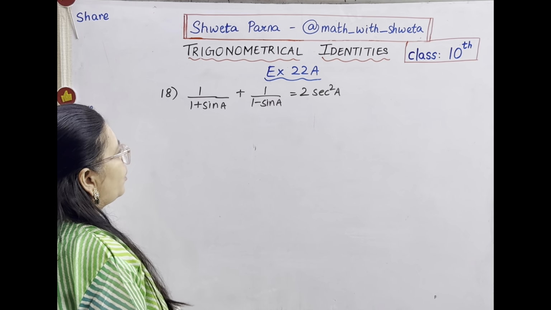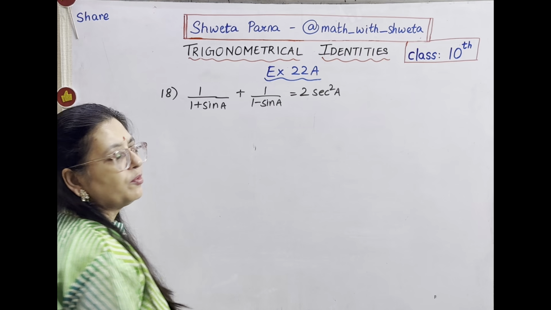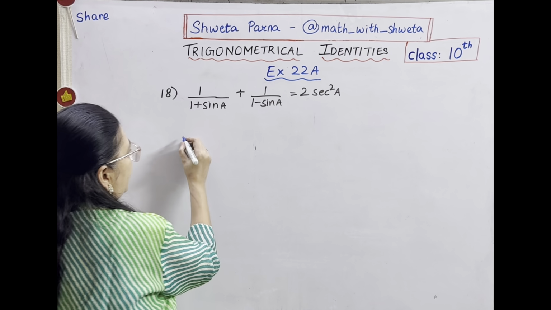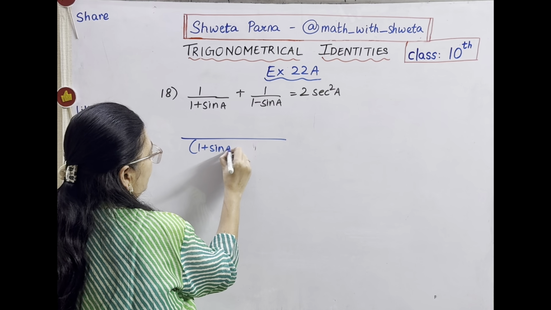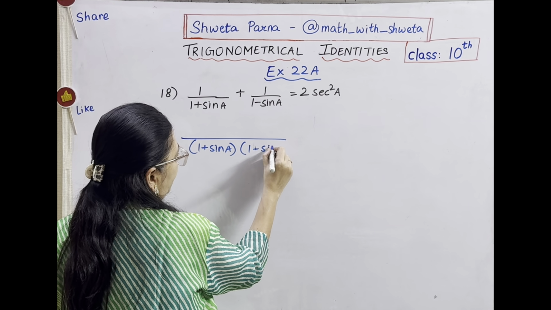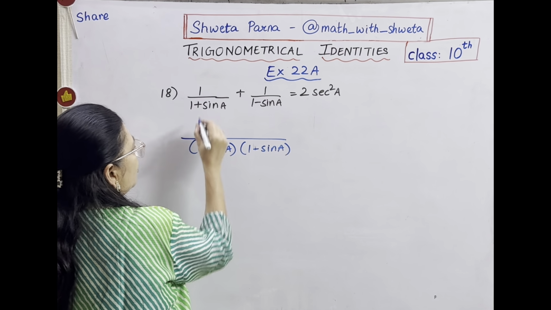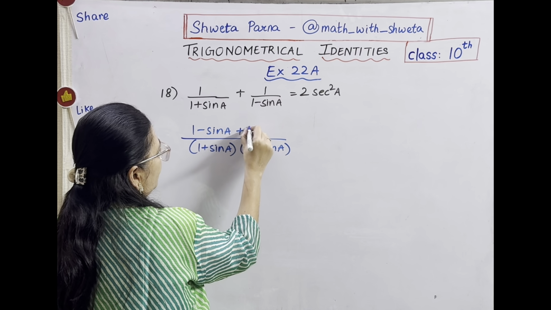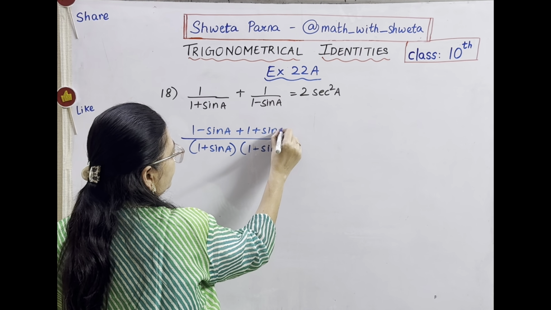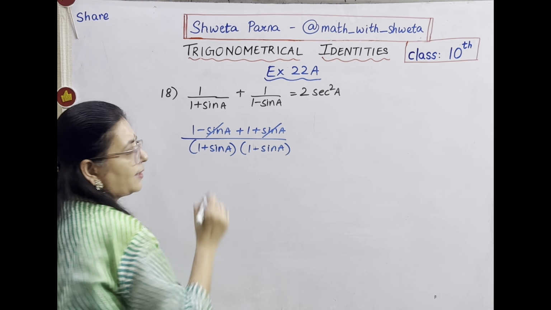Let's do the 18th one. 1 upon 1 plus sin A plus 1 upon 1 minus sin A. So first take the LCM. The LCM is 1 plus sin A into 1 minus sin A. Here you will get 1 minus sin A. Here you will get 1 plus sin A. This and this get cancelled.